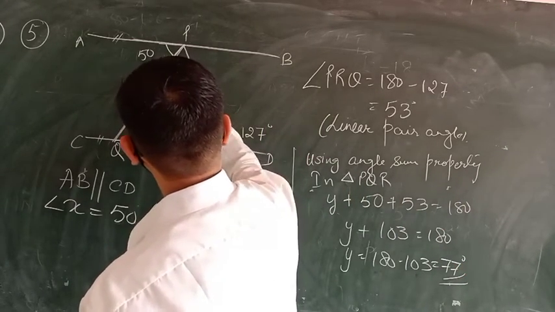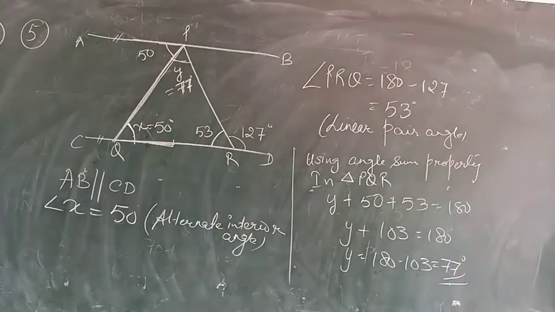Any doubt? So the value of Y is 77 degrees and the value of X is 50 degrees. Note it down first.